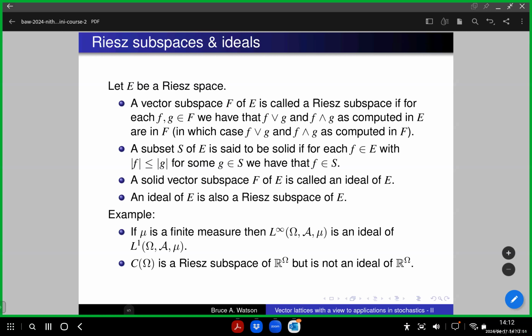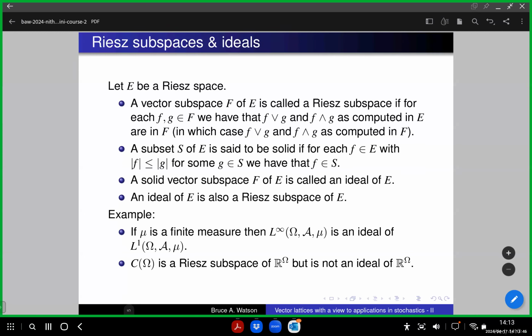If we take S, a subset of E, we say it is solid if whenever we take any element f in our original space E and have that its absolute value or modulus is bounded by the absolute value of some g from S, then f is again in S. So if we think of the two elements of our original Riesz space E, let's call them mod g and minus the absolute value of g, and we take everything in between those with respect to our partial ordering, that must live in S. That is why it's called solid.